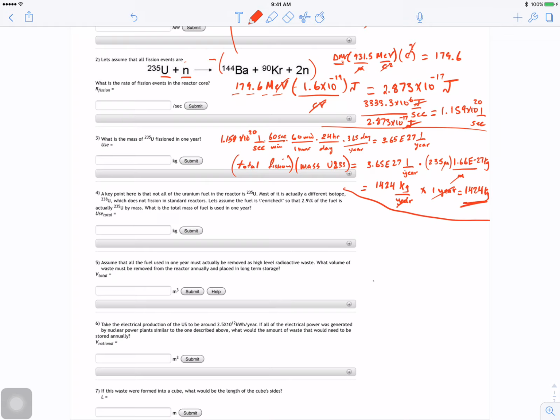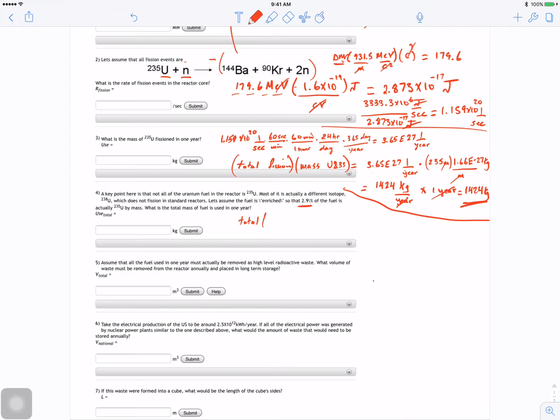They told us that in the fuel that's burned, only 2.9% of the mass is U-235, and the other percentage is uranium-238. So they want to know the total.